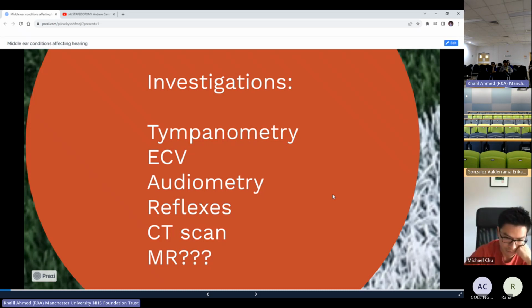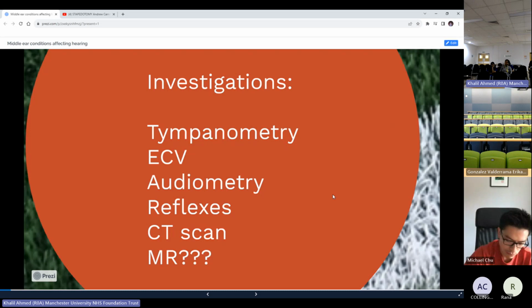So that's one reason. And the other one is if you've got an external ear obstruction like wax, that will give you a type B tymp and also a greatly reduced external canal volume. So in an adult, you might only have 0.5 centimeters cubed external canal volume because the rest of the ear canal is full of wax.